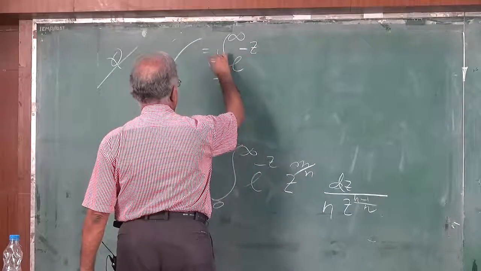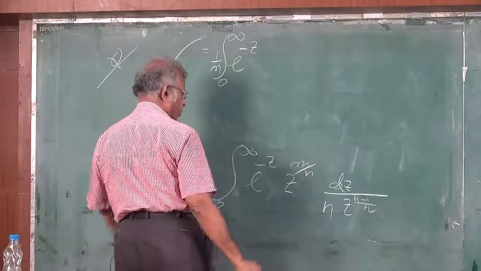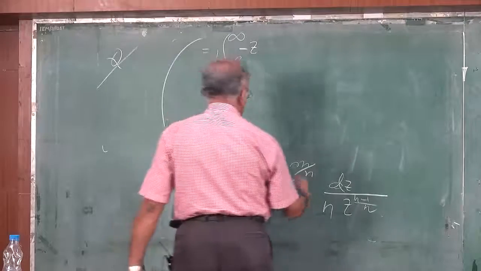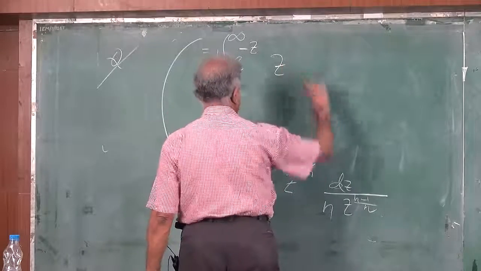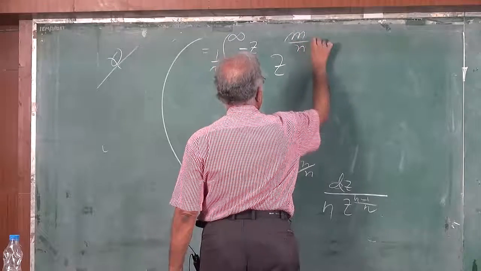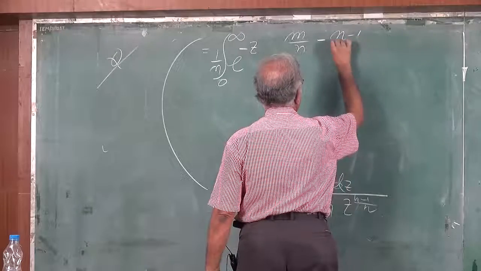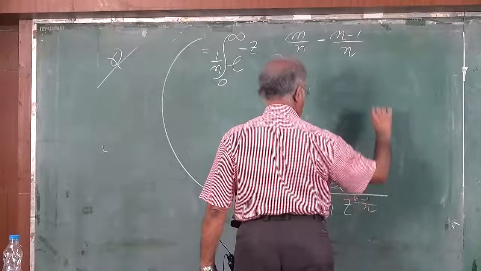There is a n outside. Denominator we put it outside, so 1 by n e to the power of minus z, and this becomes z to the power of on top m over n minus n minus 1 over n dz.